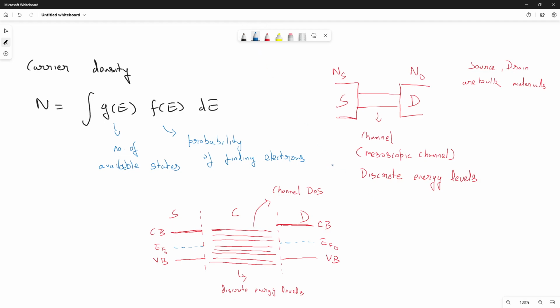Channel is like 3D, 2D, 1D. Yes. It can currently be anything. It can even be 0D. By the way, if it is a 0D, then what kind of a device is it? Can you guess? Quantum dot. Yes.